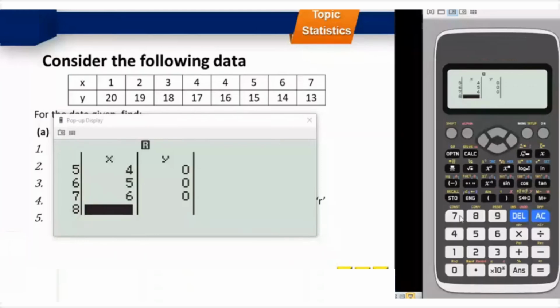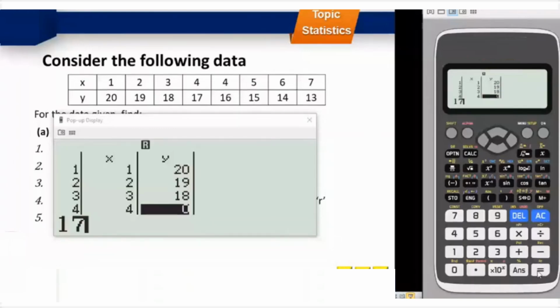And now I'm writing the Y values. 20 is equals to, 19 is equals to, 18 is equals to, 17 is equals to, 16 is equals to, 15 is equals to, 14 is equals to, 13. So I have inserted the data.